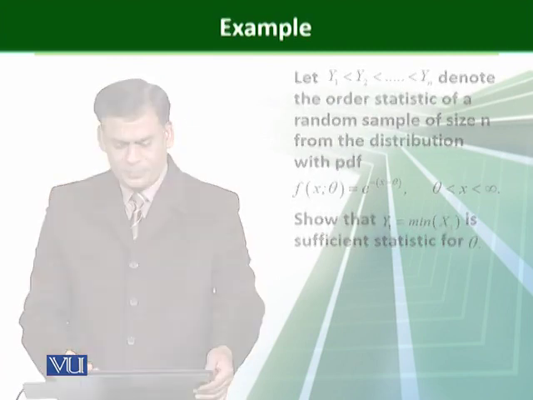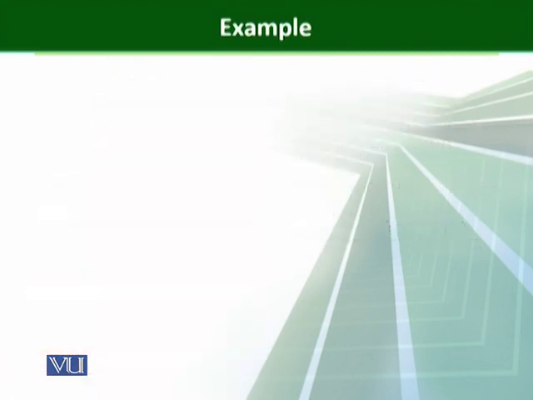As we know, y1, y2 up to yn are the order statistics. First of all, we need to write down the distribution of the minimum statistic, the PDF of y1, the minimum of xi.